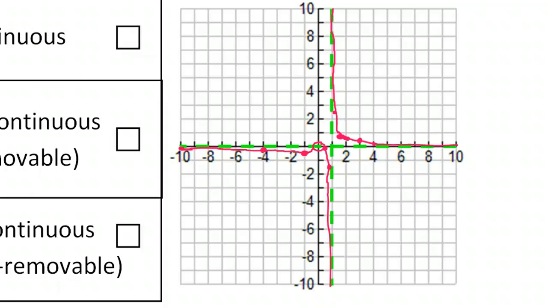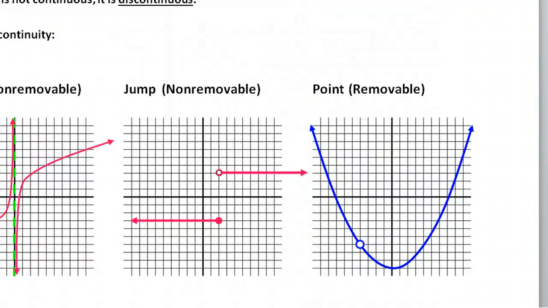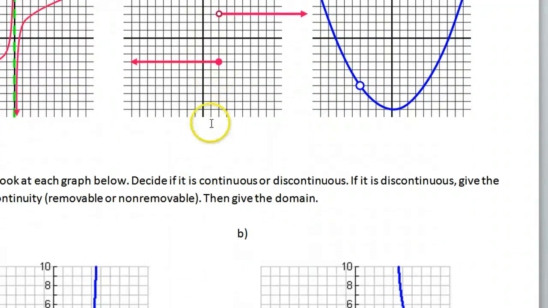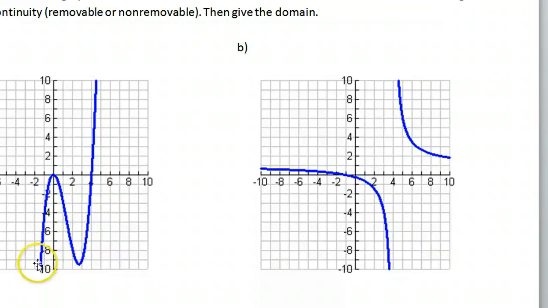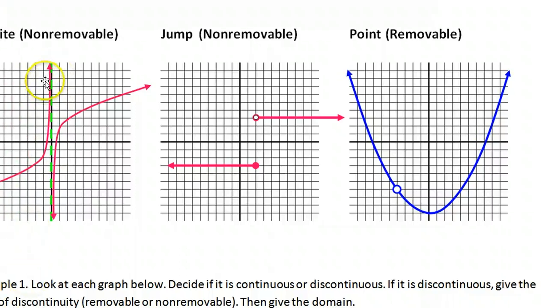Graphs that are unbroken are called continuous. So a graph like this one is continuous because it's unbroken. Graphs like this are discontinuous. And if they have asymptotes, those are non-removable.